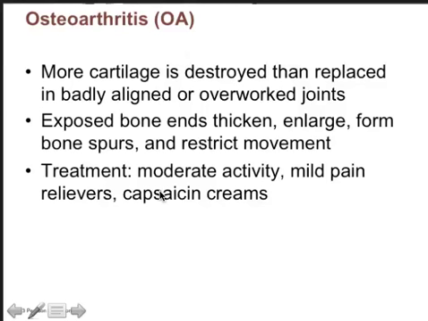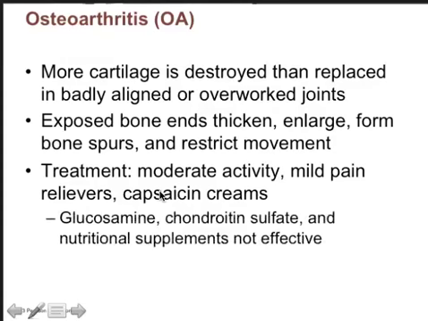The treatment is moderate activity, pain relievers, and capsaicin creams, and what they do is they bring blood supply to the area, and that can remove breakdown products as a result of inflammation that can be irritating and can speed healing.